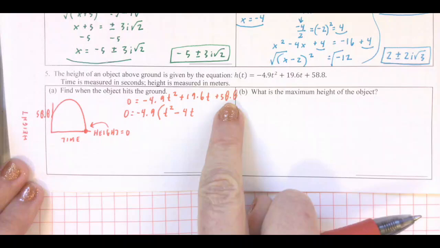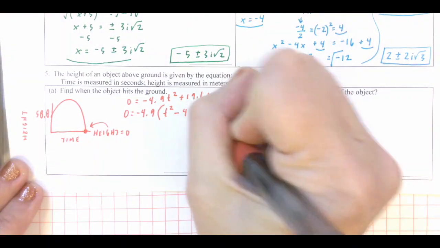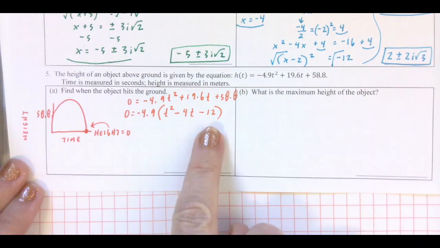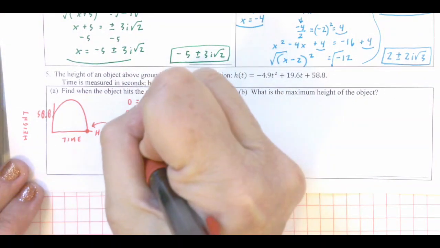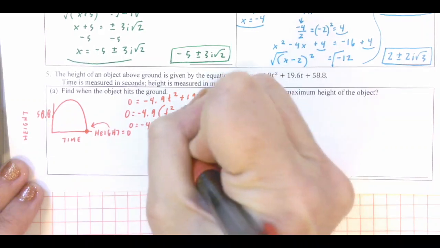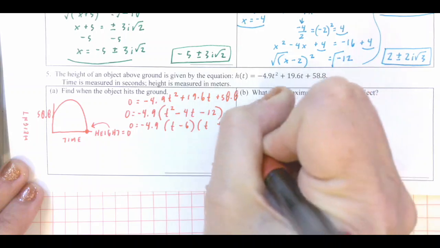And then 58.8 divided by negative 4.9, I get minus 12 right there. So I see that I can factor that more. What multiplies to a negative 12 that adds to a negative 4?